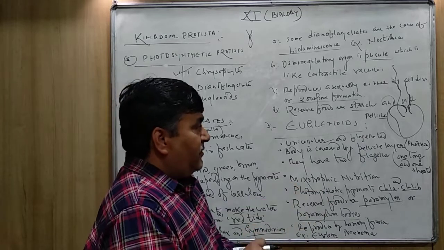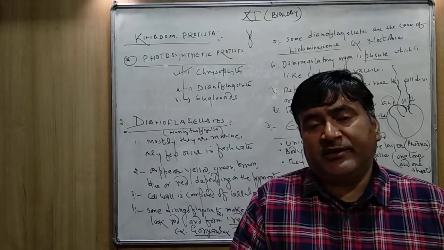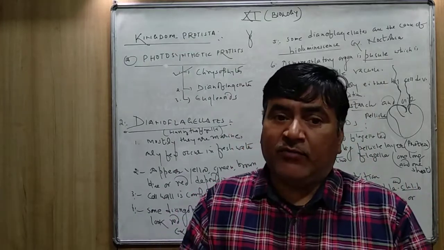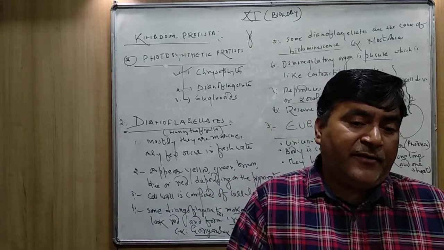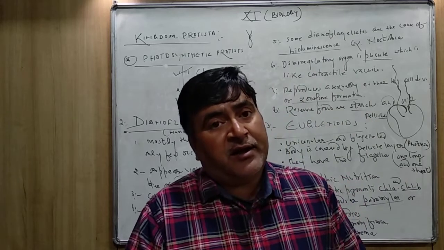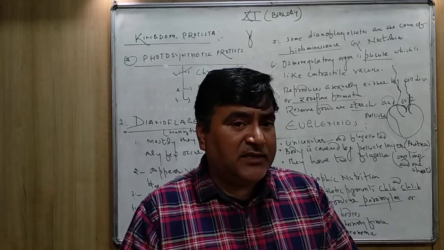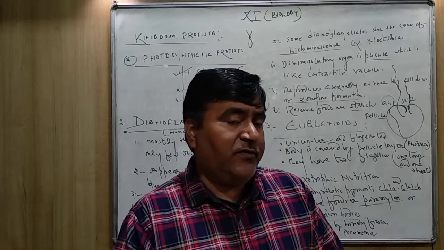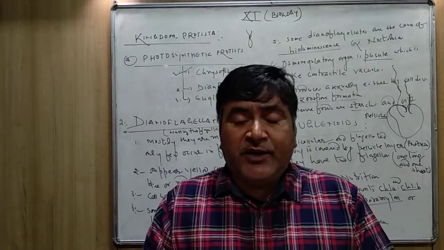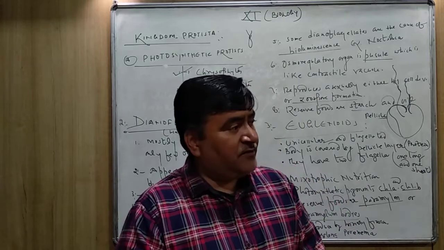What kind of nutrition do they perform? Mixotrophic nutrition. As you know, mixotrophic nutrition includes autotrophic and heterotrophic both. It contains pigments like chlorophyll A and chlorophyll B, the green pigments, and because of these, euglena can synthesize its own food by the process of photosynthesis.